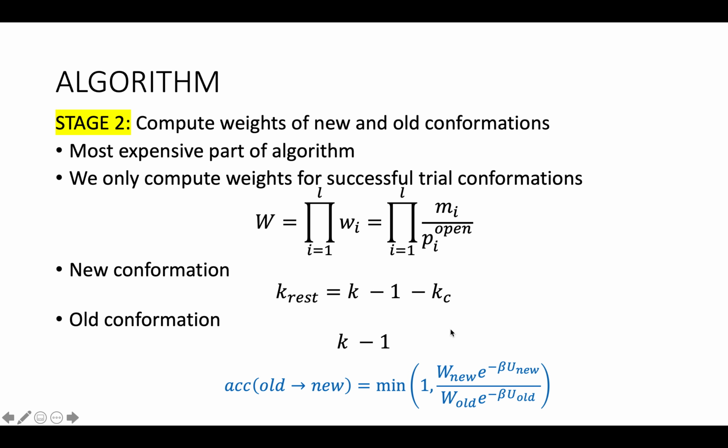For the old conformation, we will follow a very similar procedure, but instead of considering the K rest possible conformations, we're really considering K minus 1 additional directions for every monomer. And so once we have the weights, and because we already have the energies, we would be able to compute our acceptance criteria using the energies and the weights.